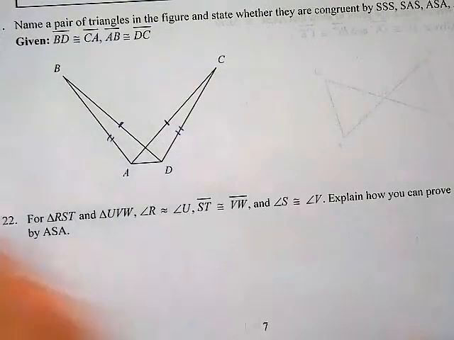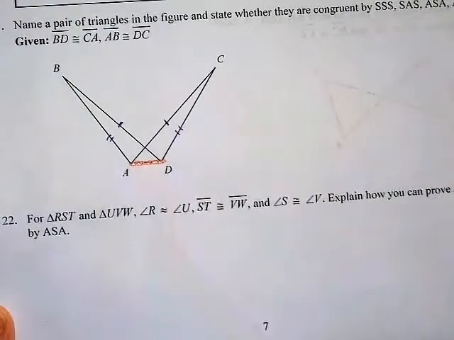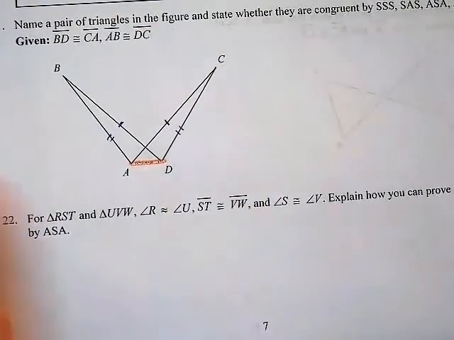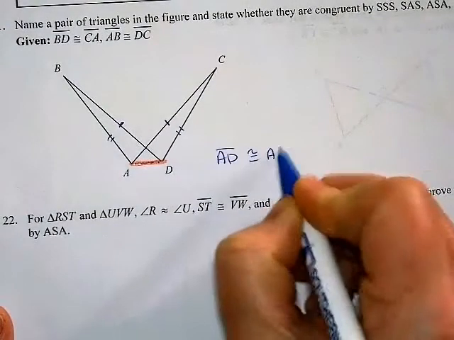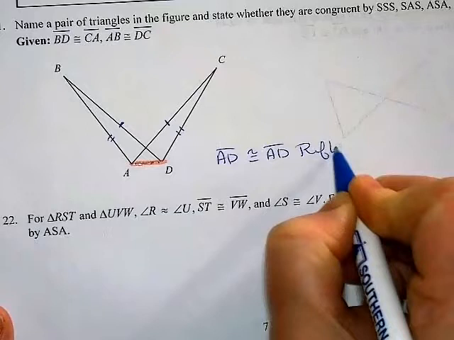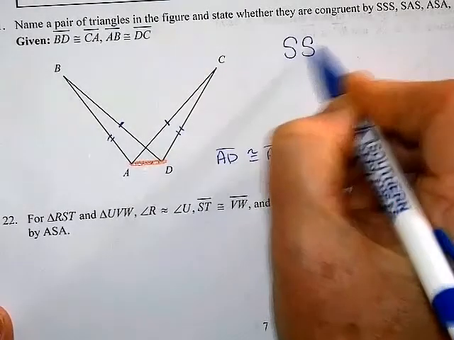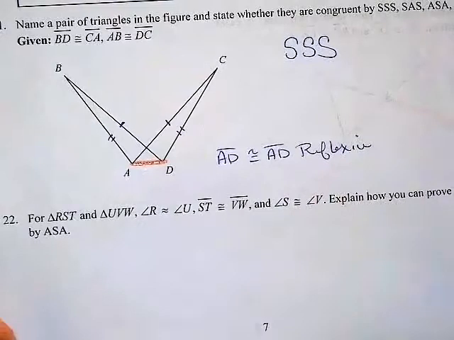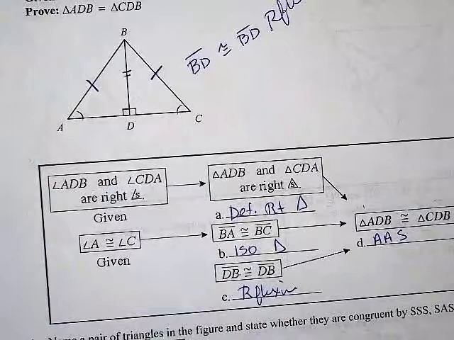Is AD used in both? So AD is congruent to AD by reflexive. Therefore, the triangles are congruent by what? Side, side, side. Here you go, Colin. Definition of right triangles.